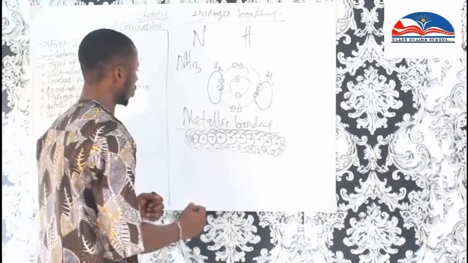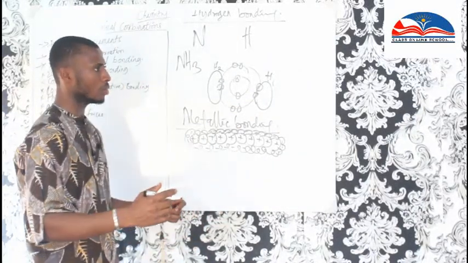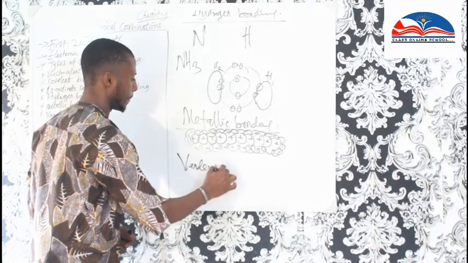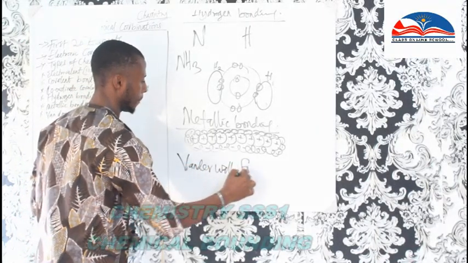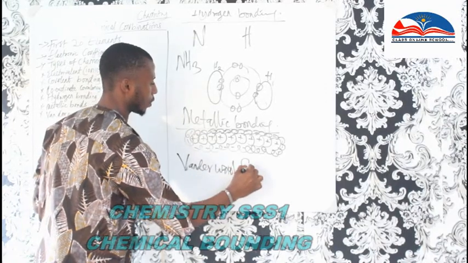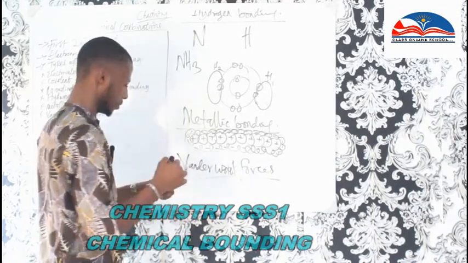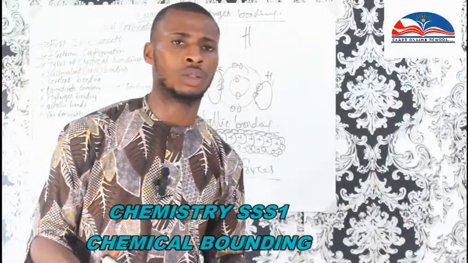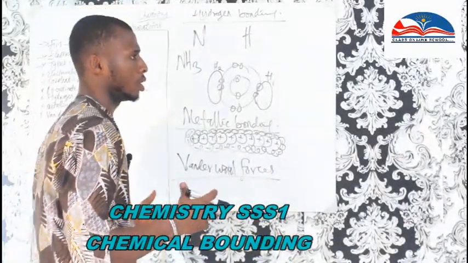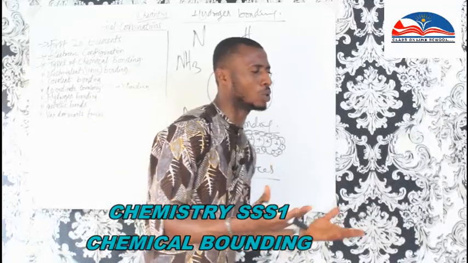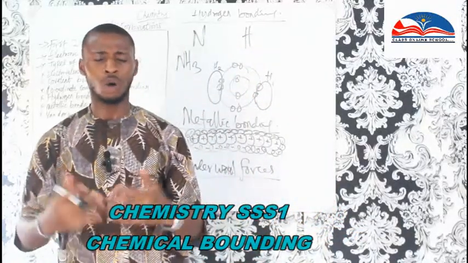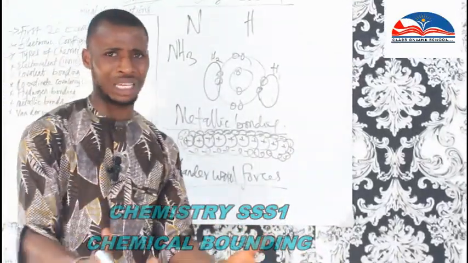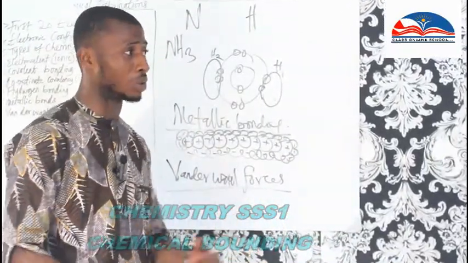Okay, the next one we are going to talk about is van der Waals forces. This is a bond that makes nitrogen form liquid or solid. Nitrogen is a gas. How can a gas turn liquid or solid?